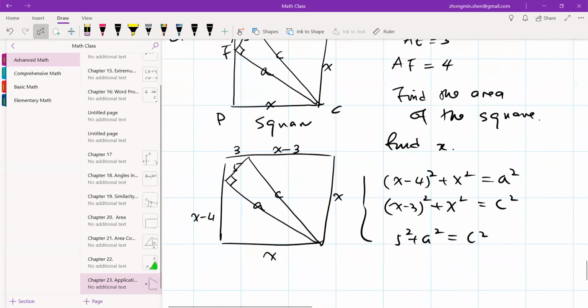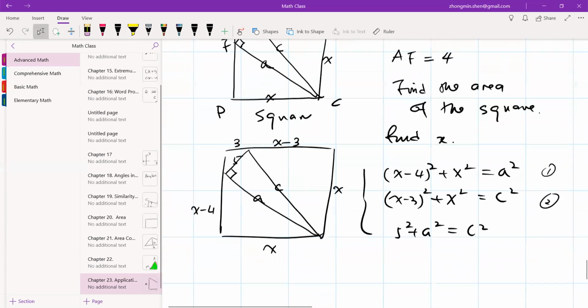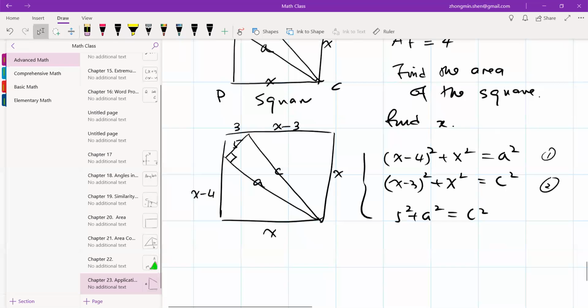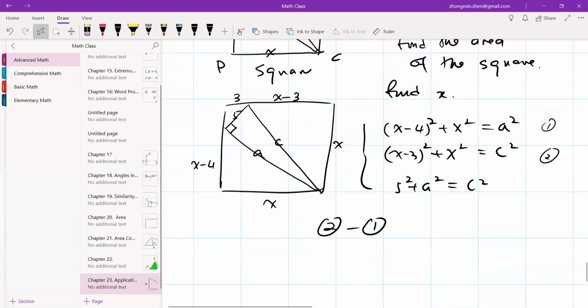All right, to find x, you just need to look at these 2 equations, right? You can get rid of a and c because of the third equation, so equation 2 minus equation 1, okay? Let's see which one first.